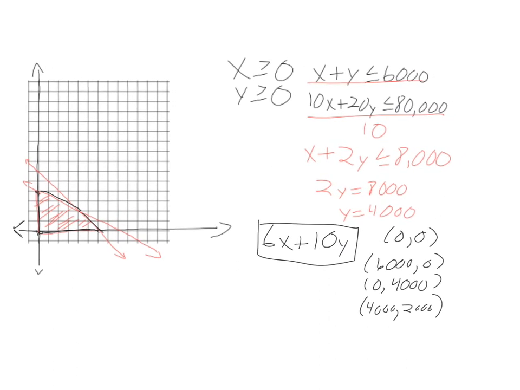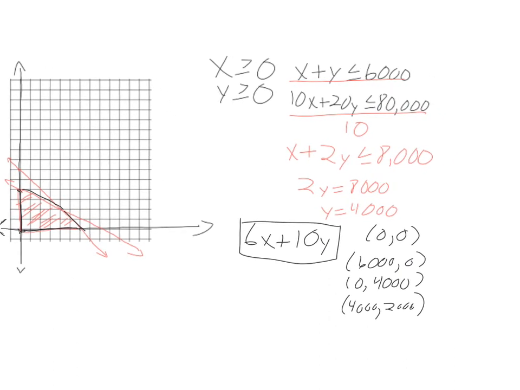I'm going to scoot this over a little bit so I have some room. So if we plug in 0, 0, well, if you put in 0 for both x and y, we get 0. If you put in 6,000 for x and 0 for y, I think you'll see that we get 36,000.